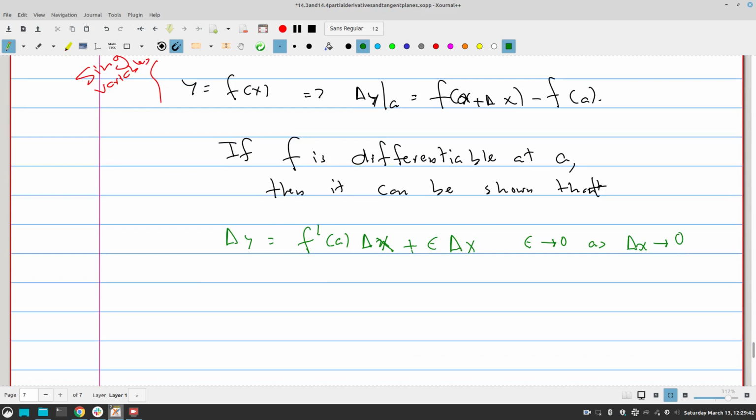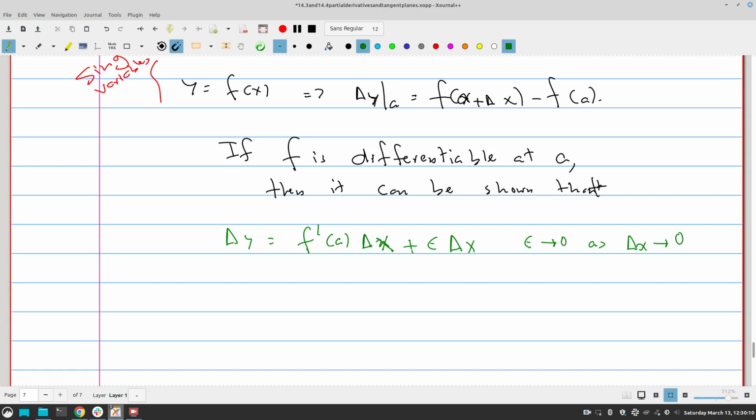This is a result that you have for functions of single variables if they are differentiable. So if f is differentiable at a, then this increment in y can be written as f prime of a times delta x plus epsilon delta x, and this is shown in chapter 3 of Stewart's calculus. We'll go over this during consultation if you're confused.